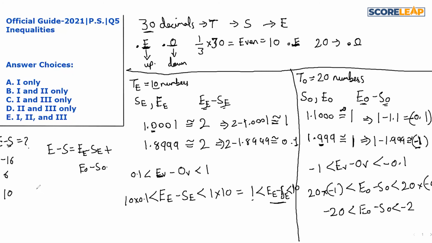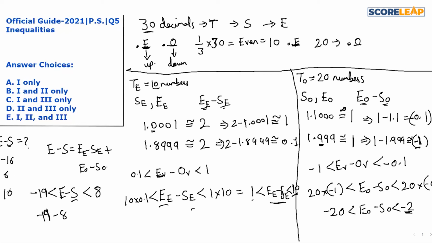So minus 20 plus 1 is minus 19, which is less than E minus S, because EE plus EO is E, and SE plus SO is S. The upper limit of EE minus SE is 10 and the upper limit of EO minus SO is minus 2. So 10 minus 2 is 8. So the value of E minus S can lie anywhere between minus 19 and 8.